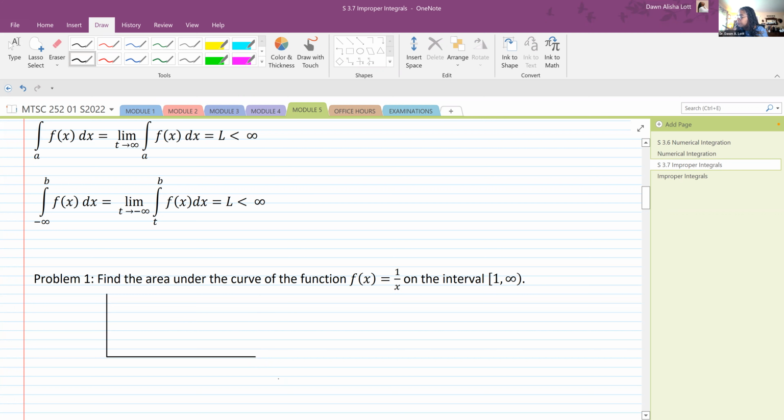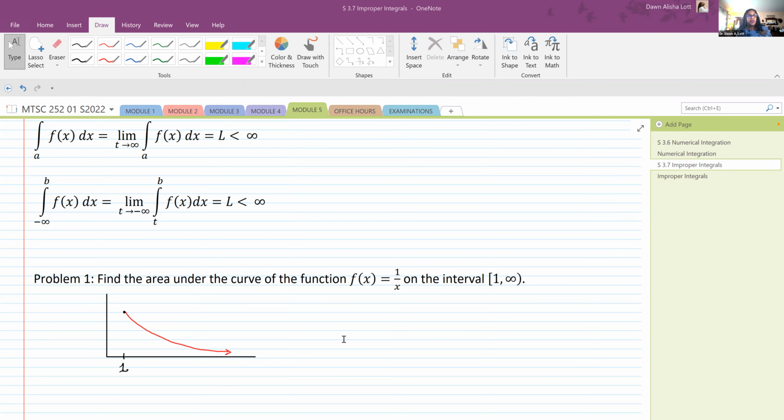Okay, so at 1, this thing is 1. And then it decreases, and it keeps decreasing.